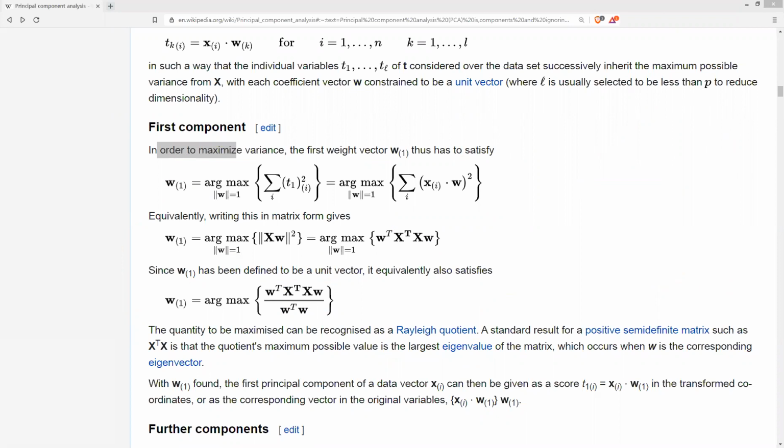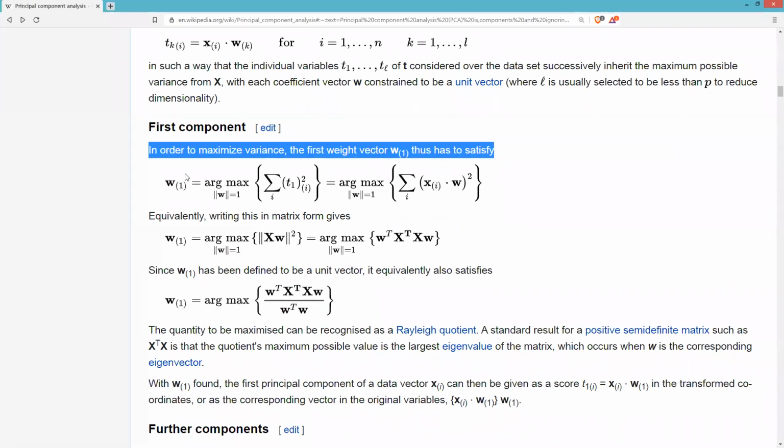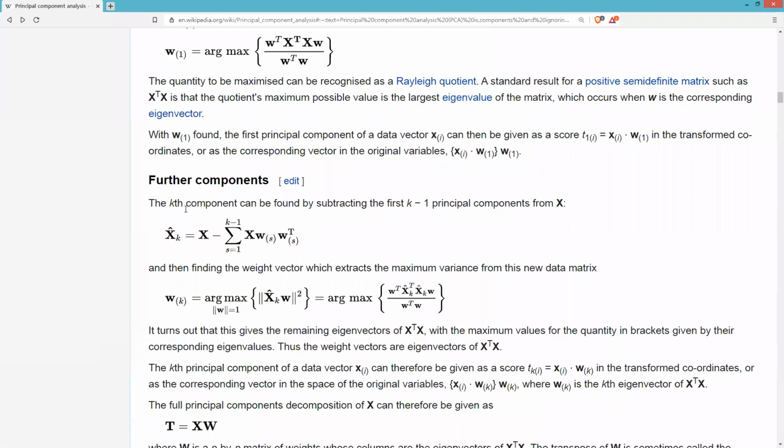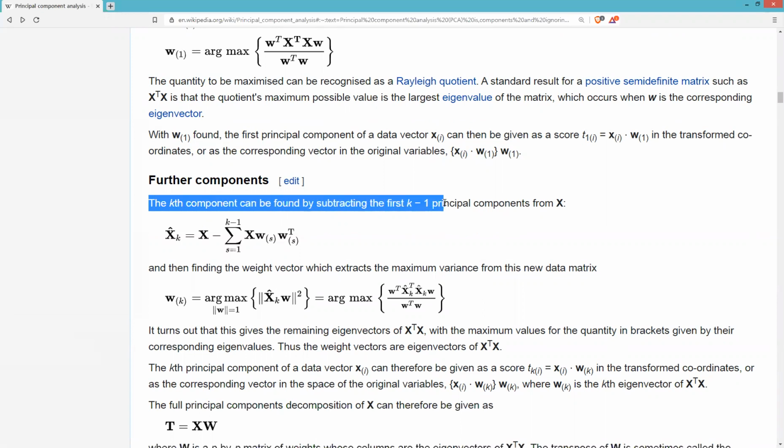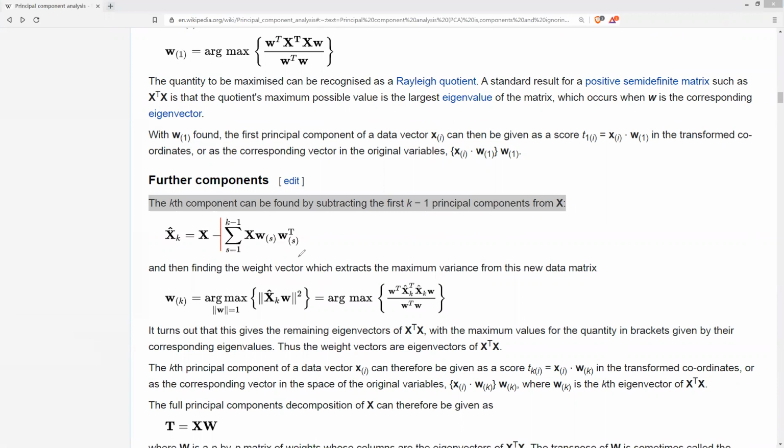Okay, let's go back to the original mathematics. Suppose we compute the first principal component with this maximization problem, then the further components are like this. Suppose we have the k minus 1 components. Now the next, kth component can be found by subtracting the previous k minus 1 principal components from the original data x.